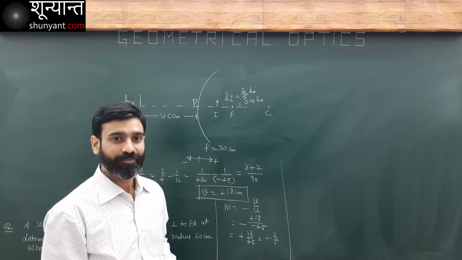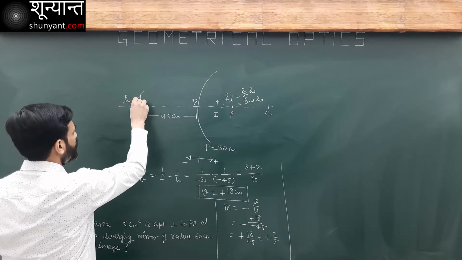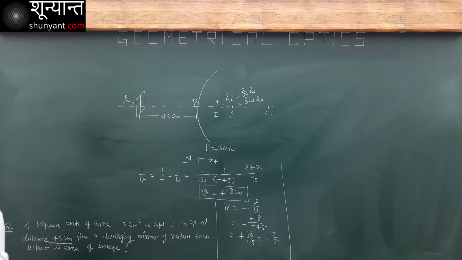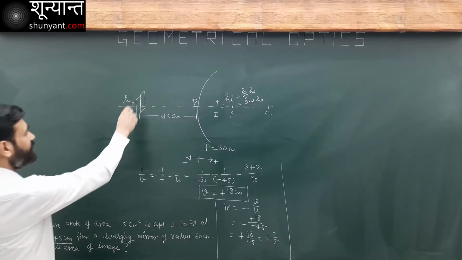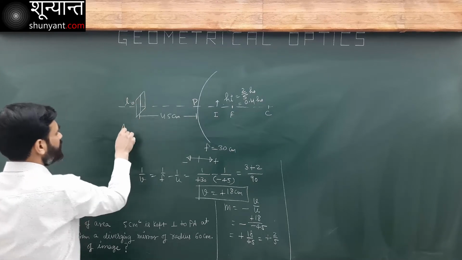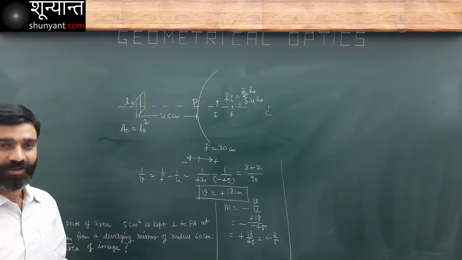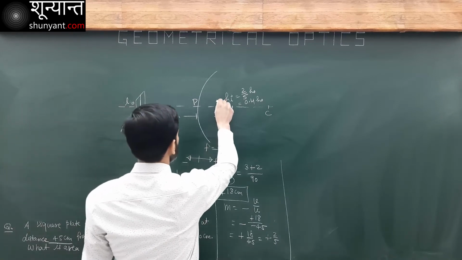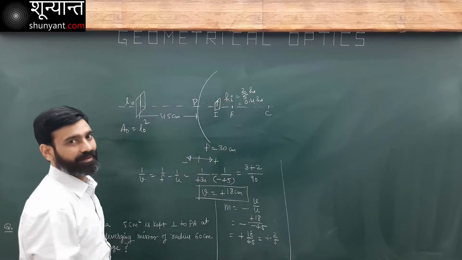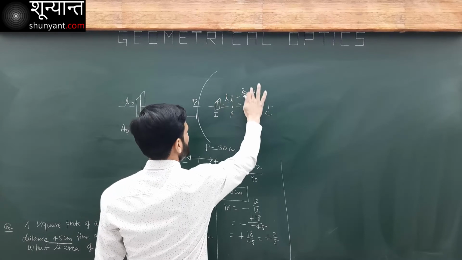What will happen to area? If I replace this thing with an object like this, with this as the length of the object, then the area of the object is going to be Lo square. Let's say it is a square plate. Then the image will also be a plate, and the length of one side of the image is going to be this.